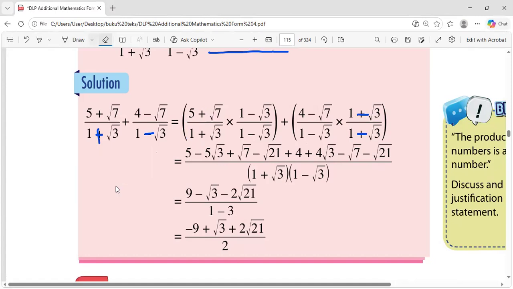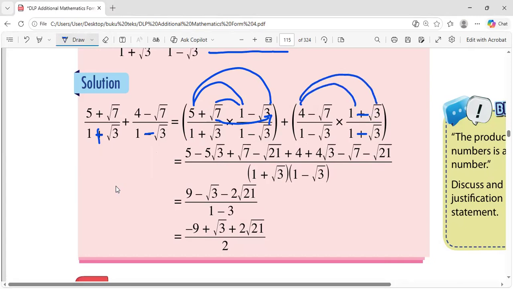After that, I get this one times this one, I get 21 surd. So this is 4 times 1, 4 times surd 3, surd 7 times 1, and this one times this one, I get 27.